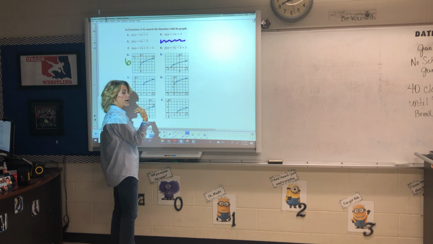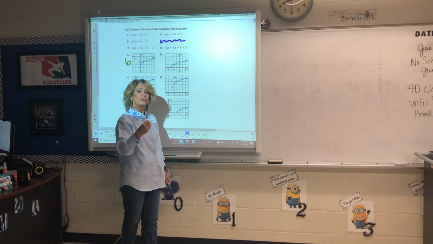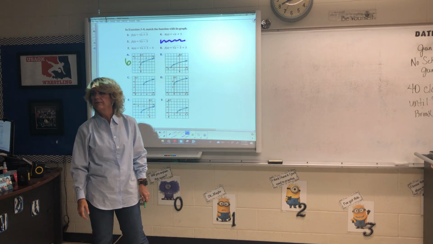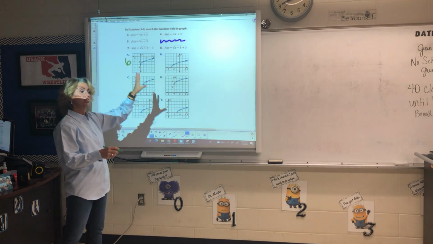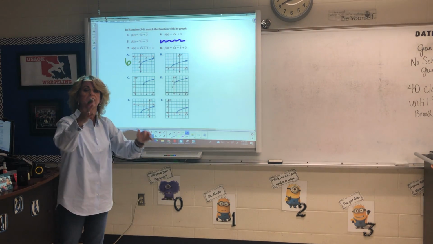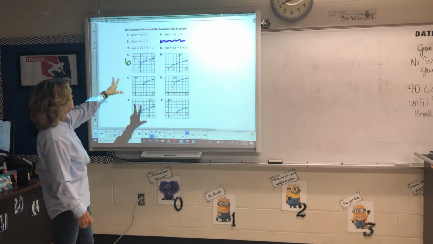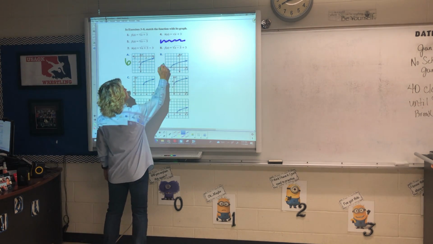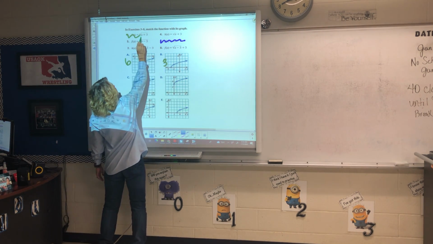Negative 3. Okay, my horizontal shift is left 3, yes? Is that going to be a +3 or a -3? So I need to look to see which one of these is the square root of X plus 3, yes or no? Which one is the square root of X plus 3? 3. So this is 3, and I'm done.